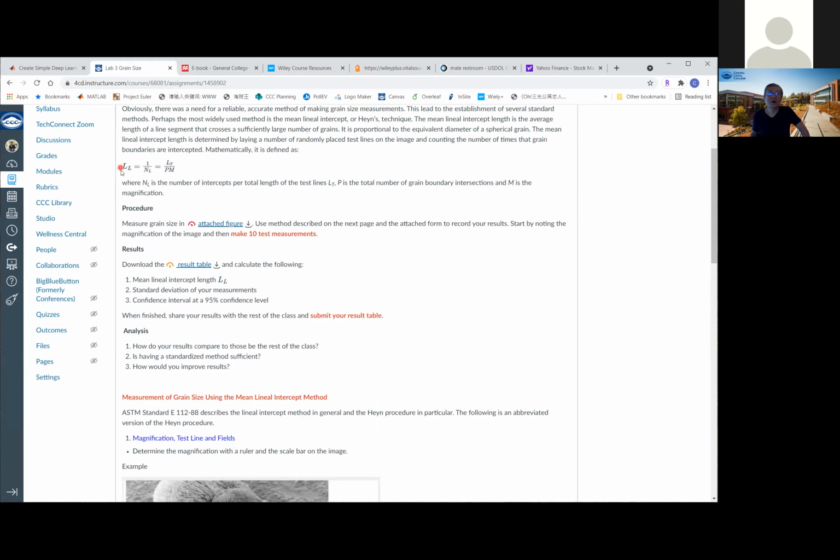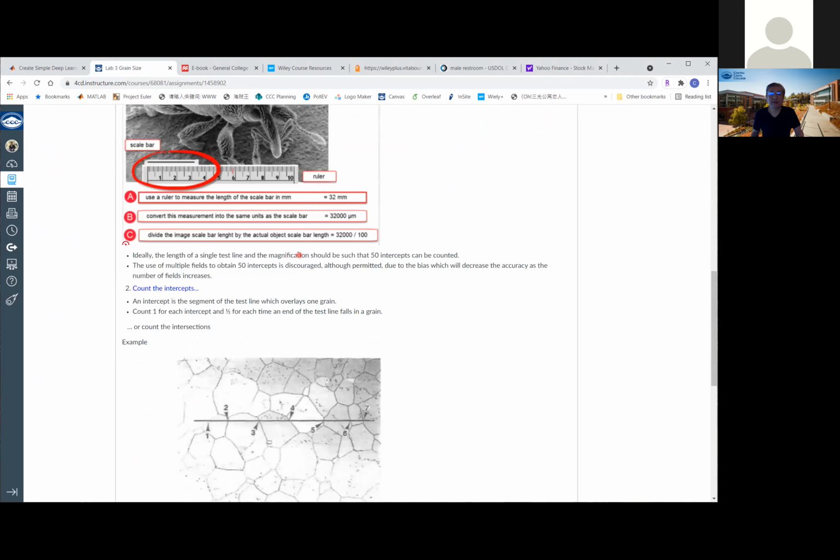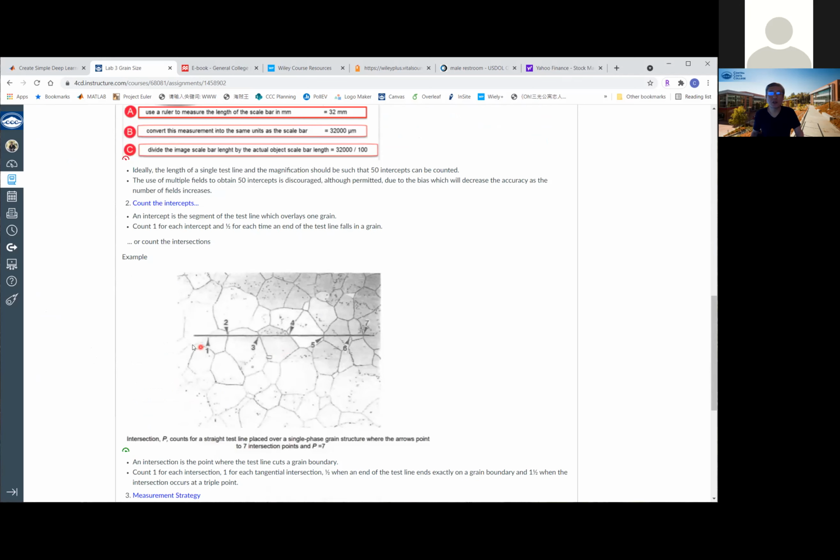Basically, it's how many intercepts there are on the line that you draw. If you see a picture of the grain like this one here and you draw a line, if there are a lot of intercepts, that means the grain size is small. If you have fewer, then the grain size is large. That's basically the idea.